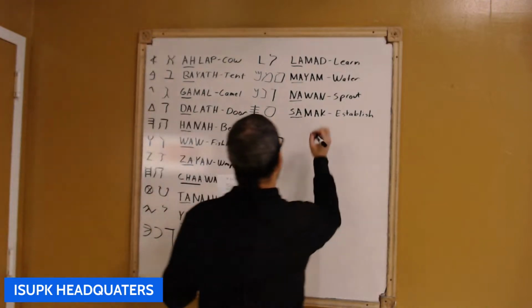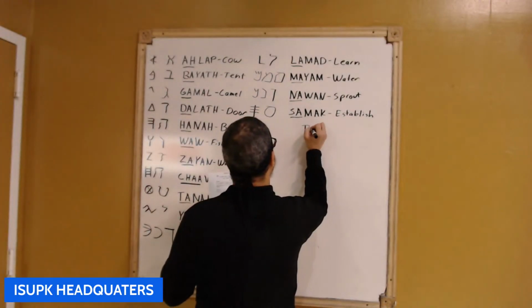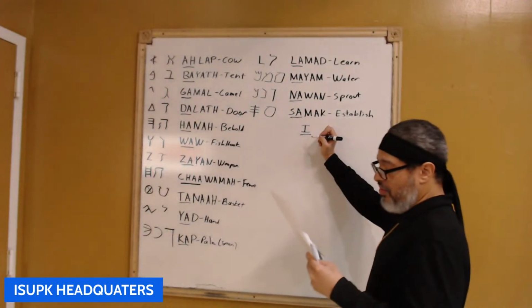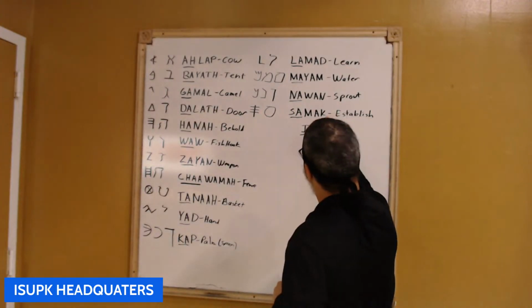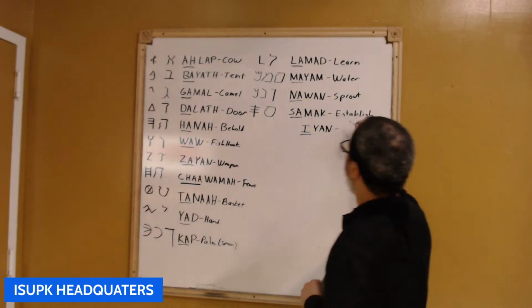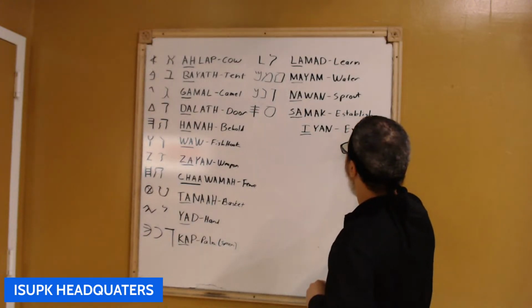Next, we have the I sound, which is short for ayan, which means eye.